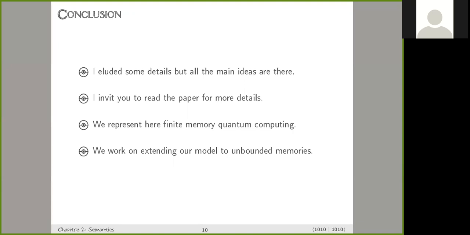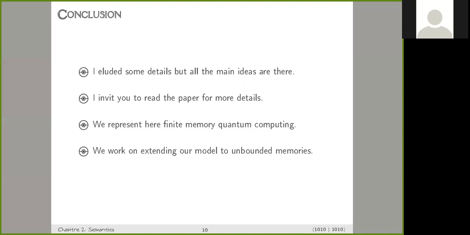We have some kind of universality, but with a very restricted kind of finite approximation sequences. Those details are a little long to explain, so I only gave some detail in this talk, but all the main ideas are there. And if you're interested, I really invite you to look at the paper that contains a lot more.